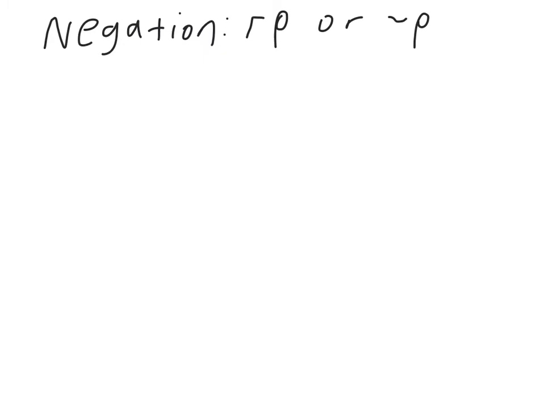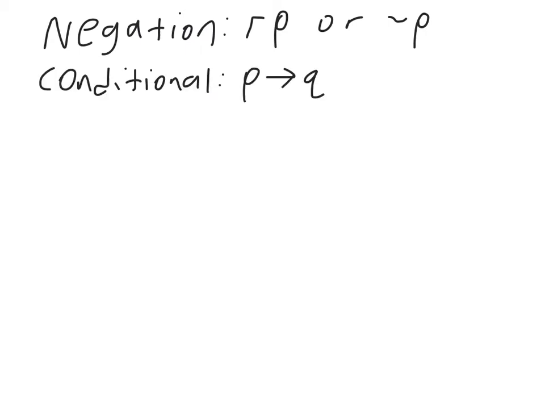I've seen it set up both ways, but both of those are saying not P. So what that means is you're just taking whatever P is and saying "not" in front of it. So in the last example we had for P, if you are a baby, this would mean if you are not a baby. So it's just putting "not" somewhere in there to give you the opposite of the statement.